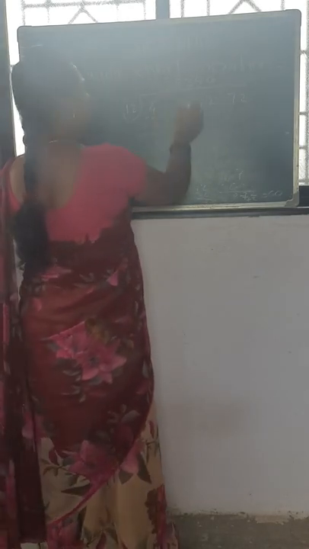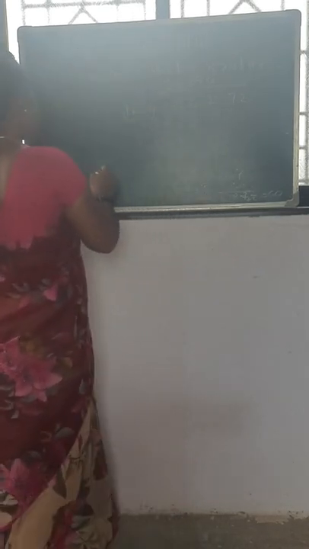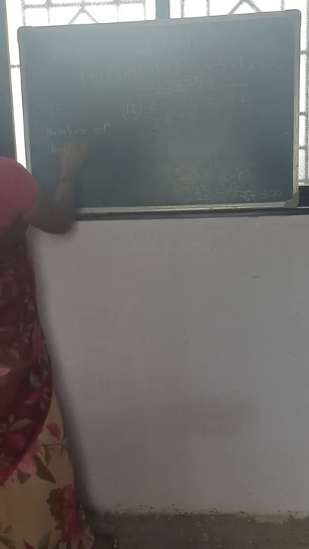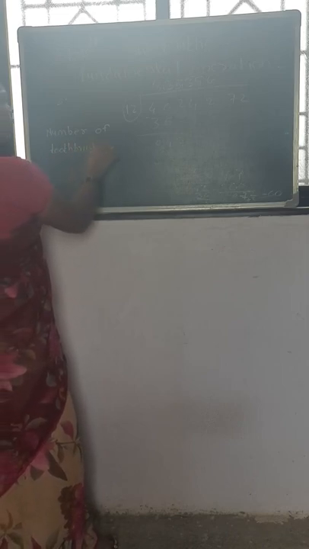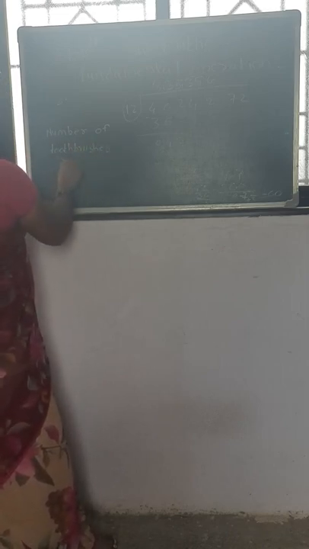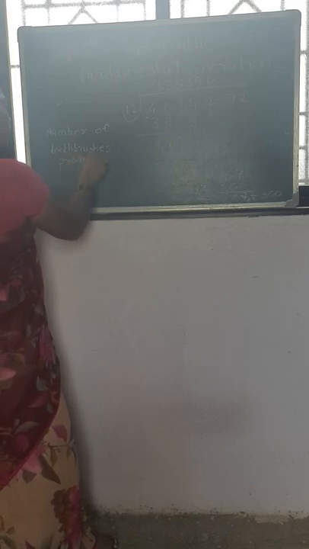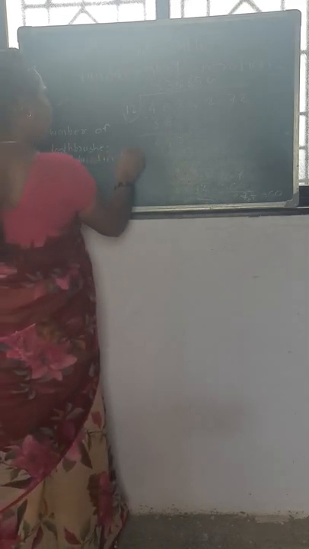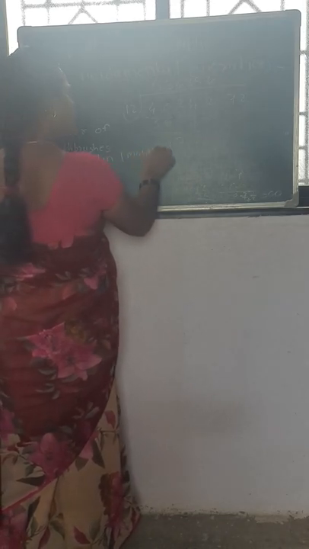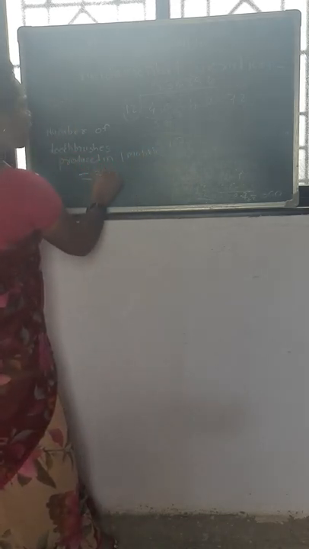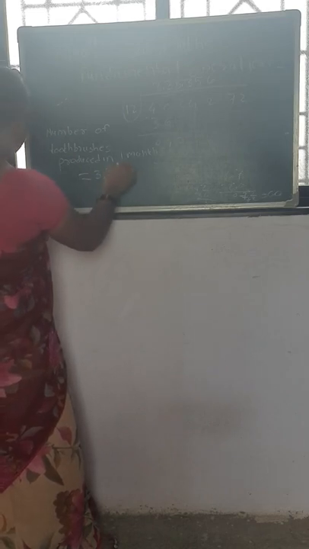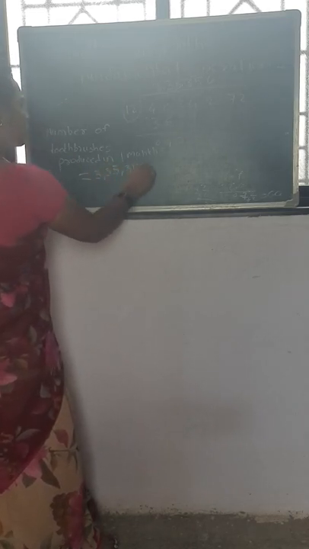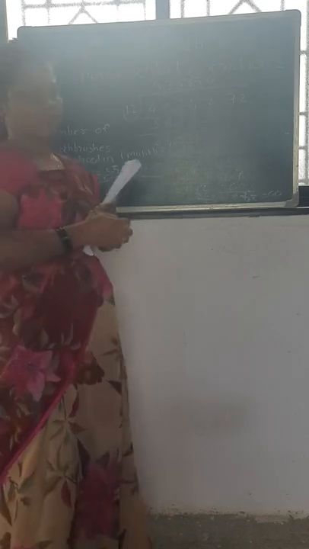Then the answer is: the number of toothbrushes produced in 1 month is equal to 3,35,356. This is the required answer.